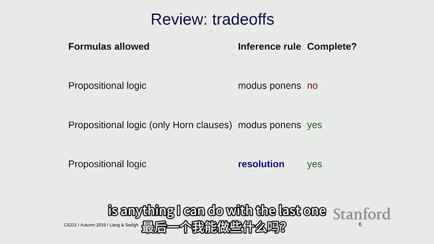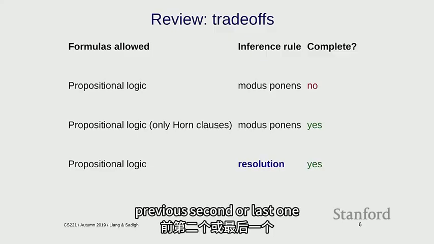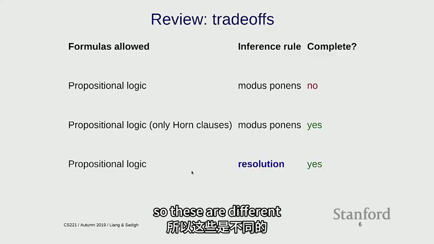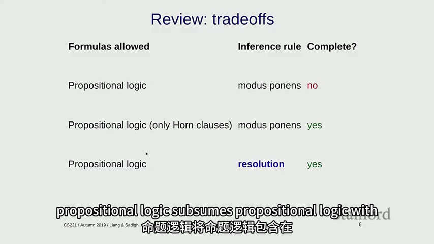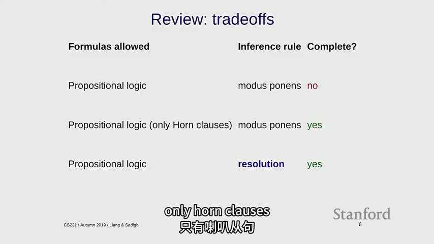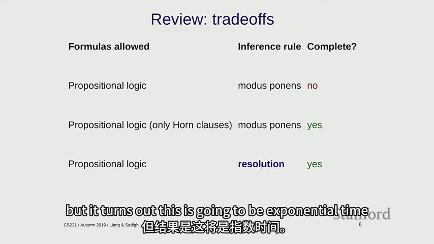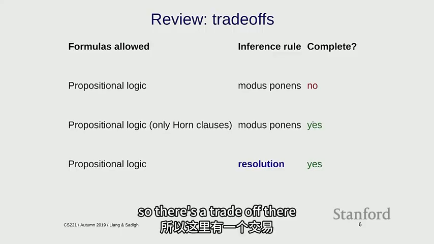So it depends on what you mean by do. These are different statements about expressive power and inference rules. Propositional logic subsumes propositional logic with only Horn clauses. So you could just say, I only care about propositional logic. But it turns out this is going to be exponential time, and this is going to be linear time. So there's a trade-off there.